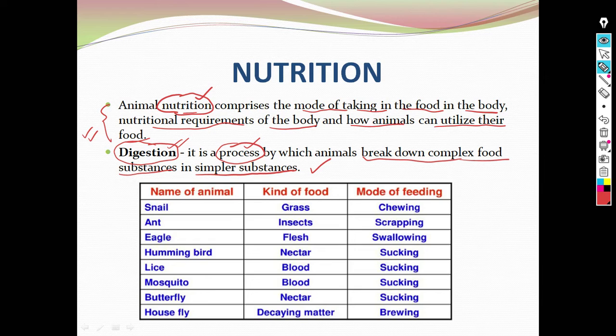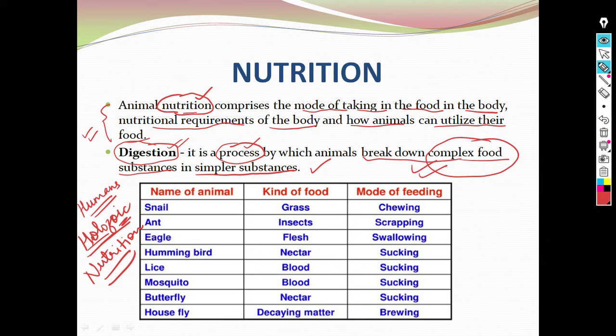Now in animals, like bigger and higher animals and humans, we are following holozoic nutrition. So what is holozoic nutrition? In holozoic nutrition we take complex food substances and break them down into simpler substances, and in this process we absorb the nutrients and then excrete the waste material.